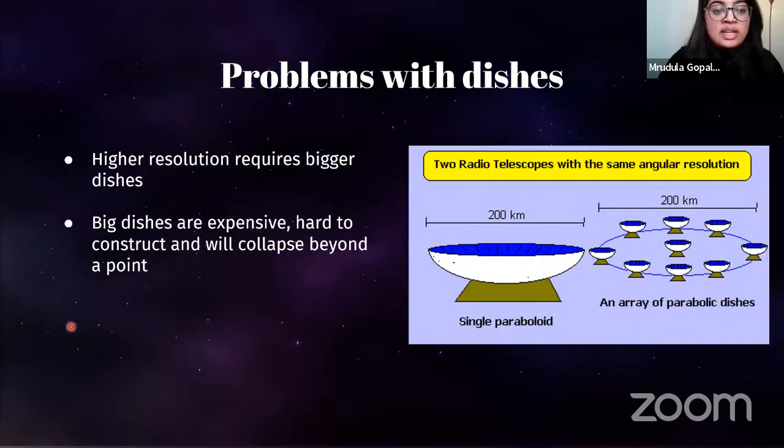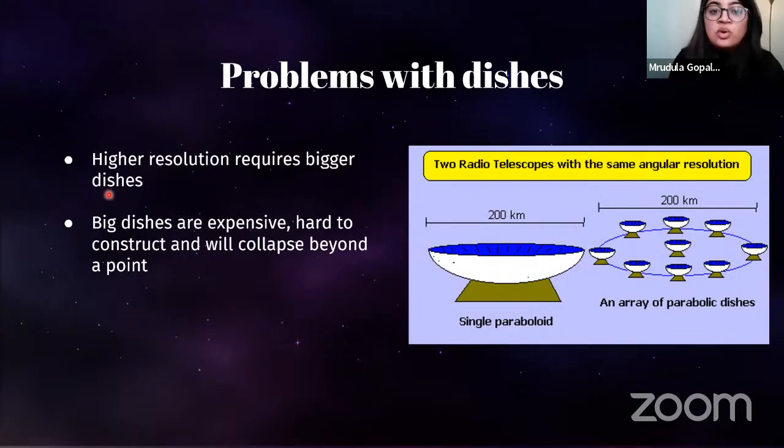And we saw that Arecibo went through these complications. You can't build really big single dishes, but you need to collect more light. And resolution of images is also directly related to the diameter of the dishes. So if you want to build a bigger light bucket, you need a bigger diameter.